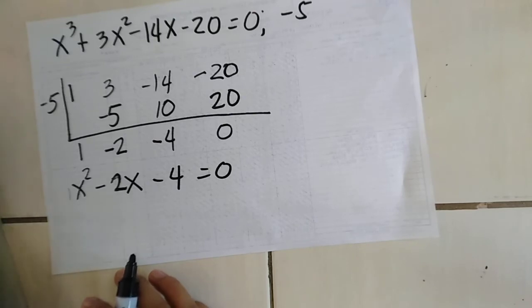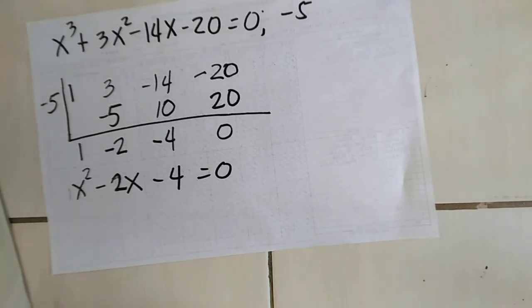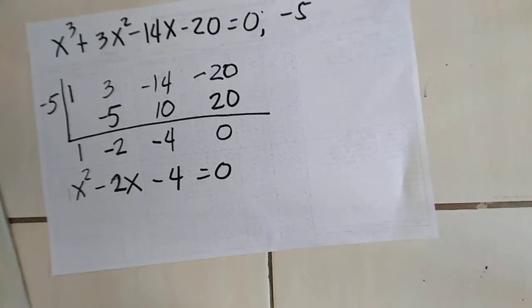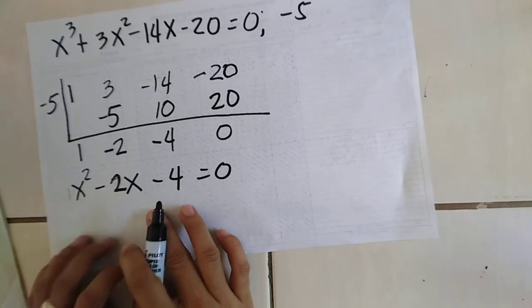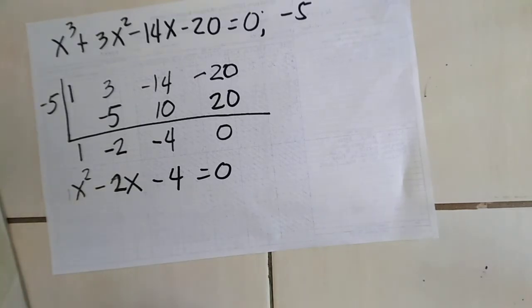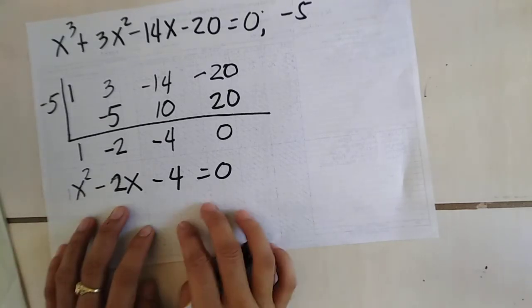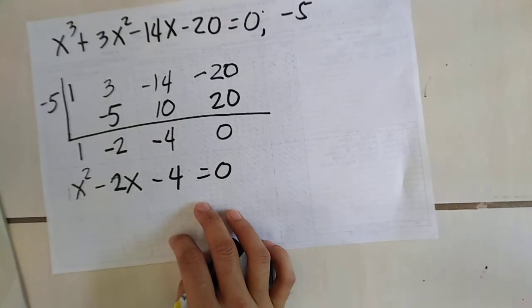Next, we are going to solve this. Since this is now in quadratic form, as I said earlier, a quadratic equation has a highest exponent of 2.